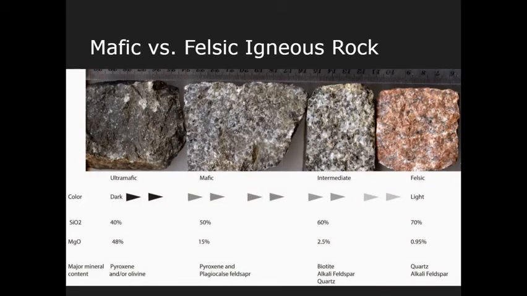The next dark colored rock would be considered mafic, and again, we can infer that it has less silicate minerals than the intermediate or the felsic, but it has more silicate than the ultramafic igneous rock. Then as we move down, intermediate would be between mafic and felsic, and then felsic being that light colored mineral. It has very little magnesium or iron in it, and it has a lot of silicate mineral in it.